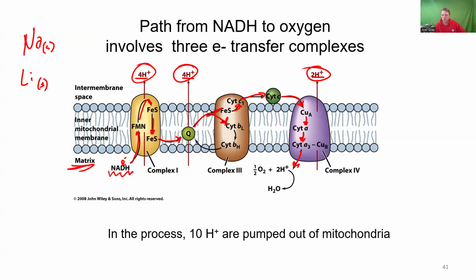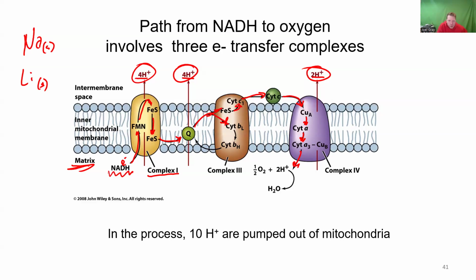Okay, I'm just joking. So these protein complexes, think about it as doing 2 things simultaneously. It's like, I can take these electrons and move them around to these different complexes, and that gives me the energy to move protons out of the matrix into the intermembrane space.